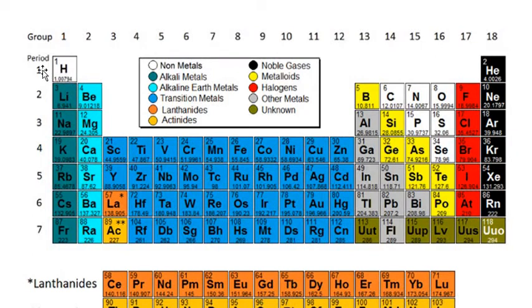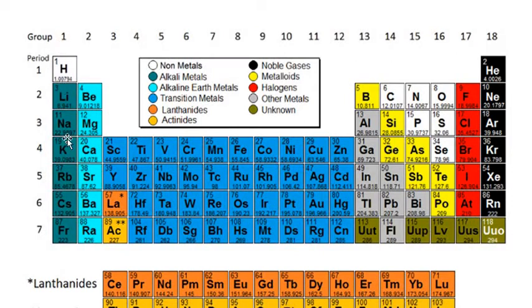Instead of saying rows, we say period. Instead of saying first row, second row, third row, and so on, we say first period, second period, third period. So the periodic table consists of 7 periods.